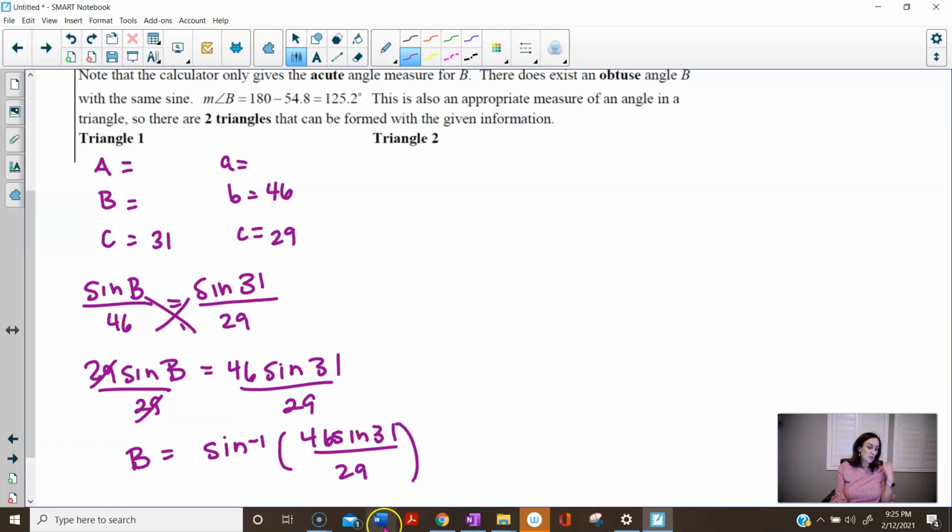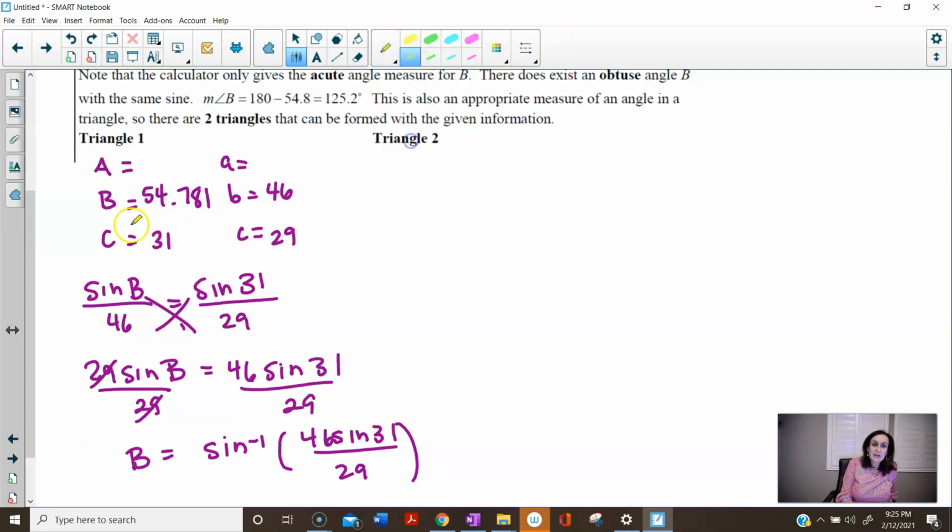Okay, so you're going to throw that into your calculator. Make sure that when you're putting in inverse sine on the TI-84s that you hit second sine, and then I would use the fraction bar and I would use my parentheses. And we're going to get angle B is 54.781.